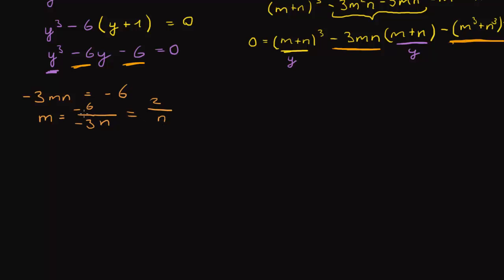It's 2 over n, right? So the second equation we can write is this one. So that was the first one, right? This is this. And the second we can write is this one right here. We can say that m to the third plus n to the third is equal to this negative 6 right here.